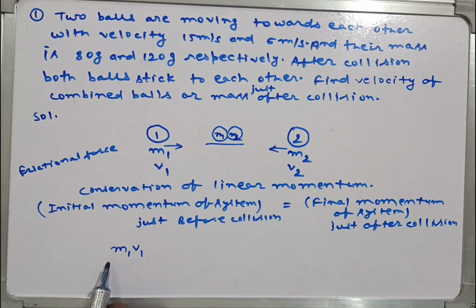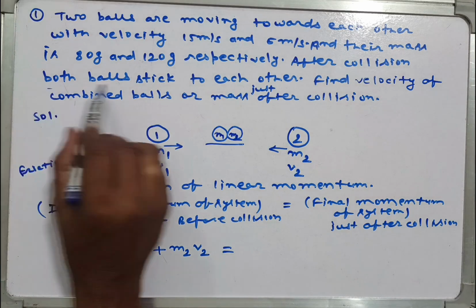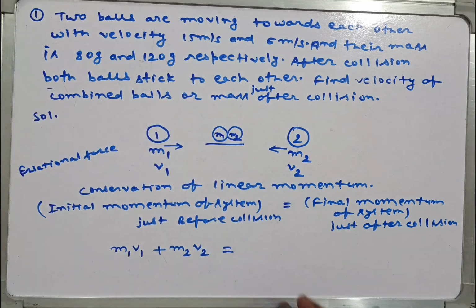Ball 1 has initial momentum m1 v1 and the second ball has momentum m2 v2. In the question, after collision both balls stick to each other, which means they become one unit.